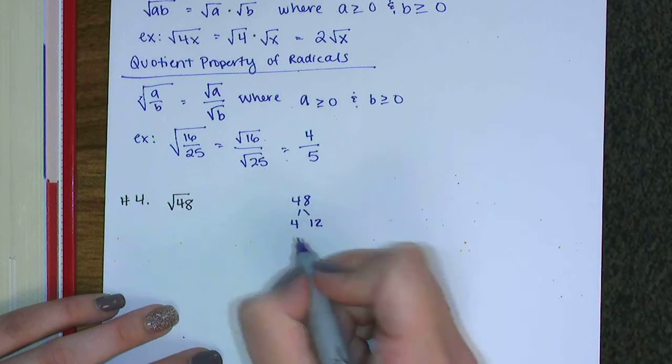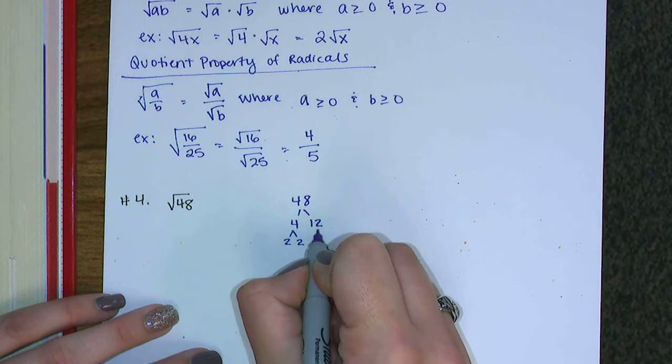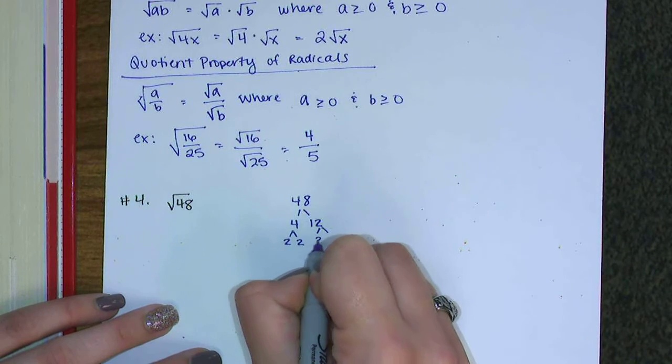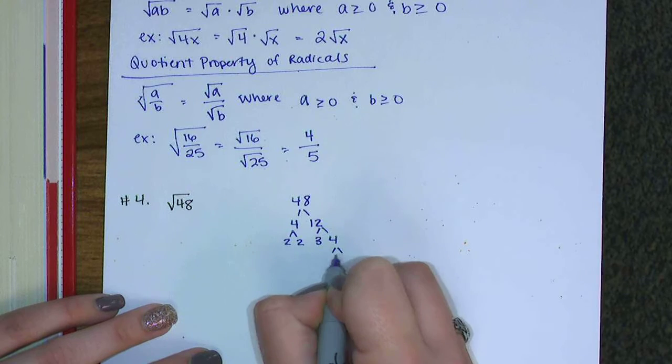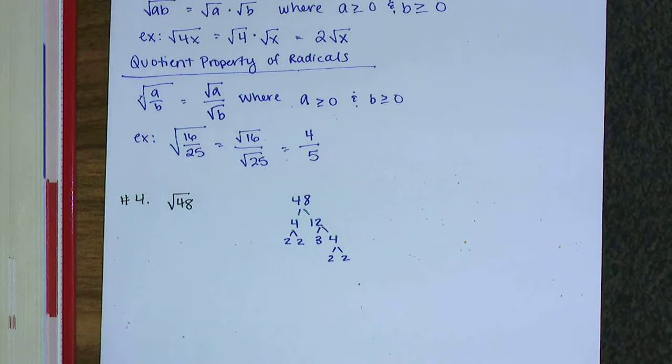4 is 2 times 2. That's as simple as that can go. 12 is 3 times 4. And 4 again is 2 times 2. And that's as simple as that can go. So now I have my pairs.